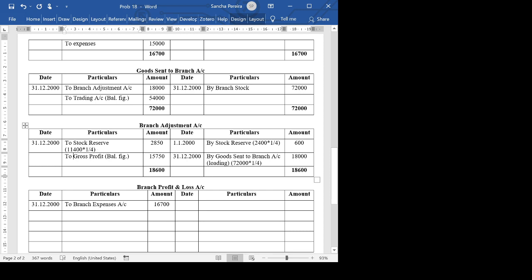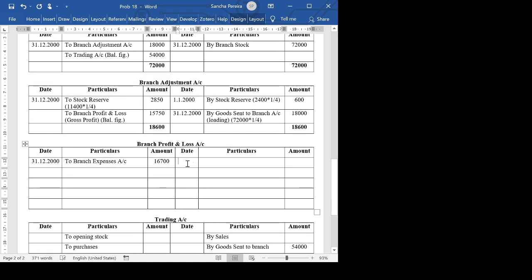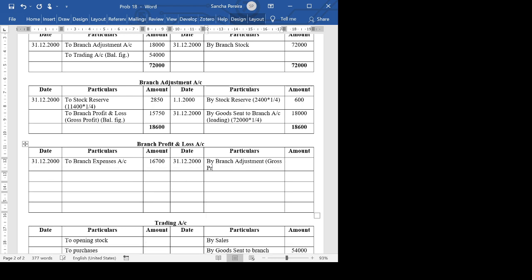So what I'm going to say is branch profit and loss. In brackets, I'm going to put gross profit, just to understand that this is the gross profit and it's a balancing figure. Okay, so in branch profit and loss, I'm going to say 31st December, by branch adjustment, which is the gross profit, 15,750.